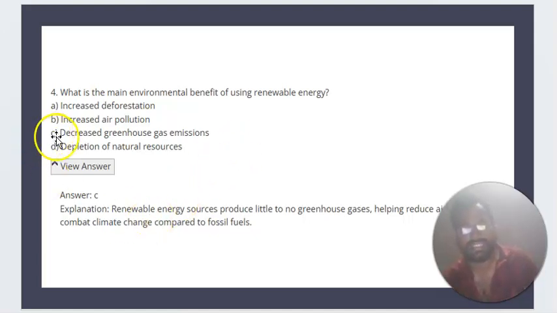You can see C is the right answer: decrease in greenhouse gas emissions. If our country depends on renewable energy resources, greenhouse gases should decrease. So what are greenhouse gases? Chlorofluorocarbons, carbon dioxide and CFC come under greenhouse gases. They should decrease when you go for renewable energy.